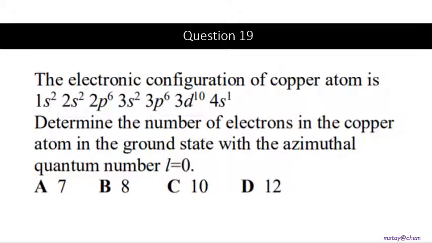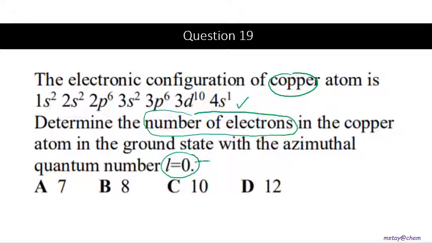Question 19, we are given the electron configuration for copper, which is 1s2 up to 4s1. This question asks us to determine the number of electrons in copper with the azimuthal quantum number l equal to 0. When l equal to 0, we know that it refers to the s orbital. So now we refer to the electron configuration.